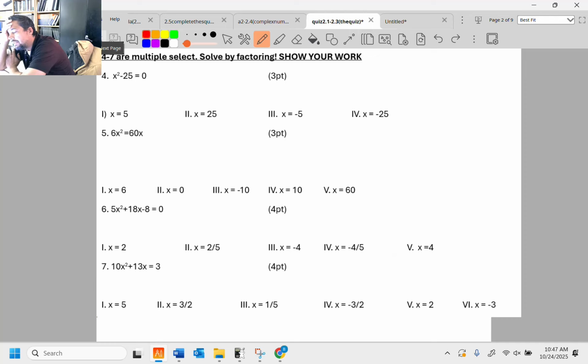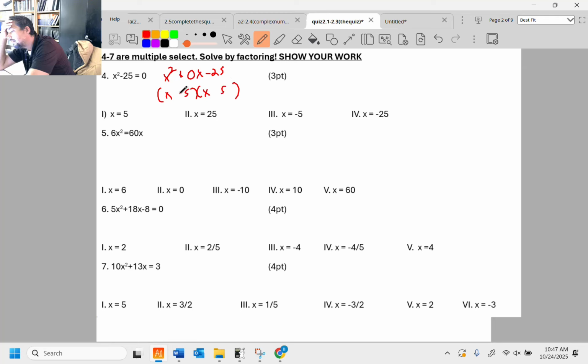All right, number 4, a lot of kids tried to do this section doing something other than factoring. It says solve by factoring. I'm assuming you know how to read. All right, so I'm going to rewrite this binomial as a trinomial. And I know that factors of 25 are 5 and 5.